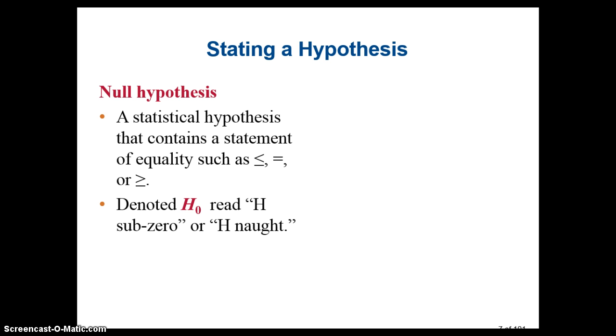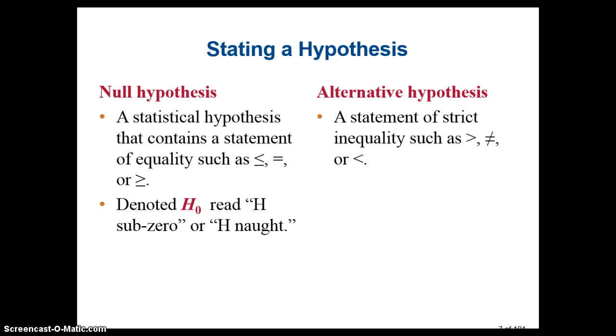We sometimes denote the null hypothesis as H0. Some people refer to it as H naught, H sub 0. You might even hear me call it the H0. One of the things you'll commonly hear me say in class later on is we want to get rid of that H0. Generally when you're doing research, you want to disprove your null hypothesis.